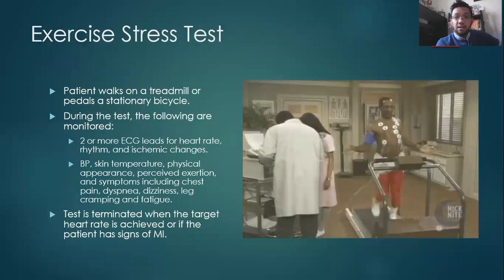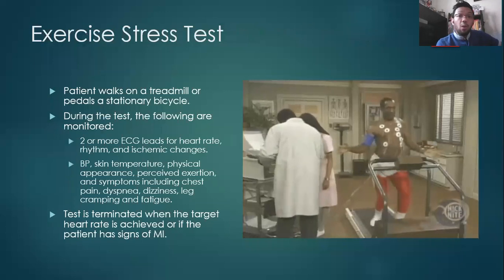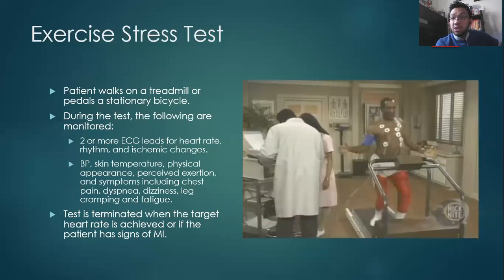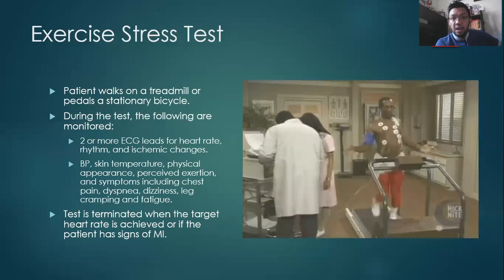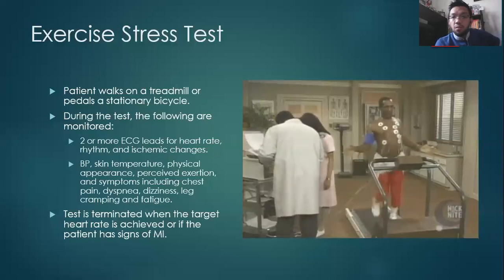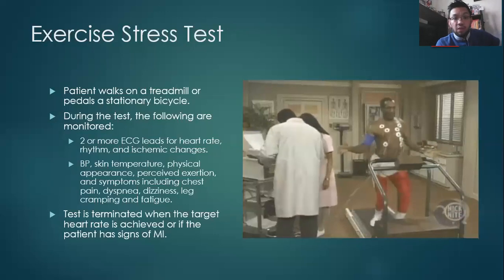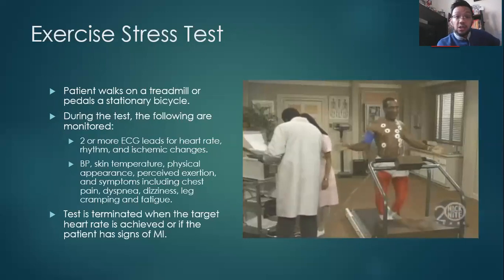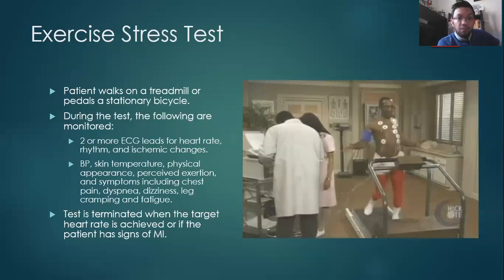So in the exercise stress test, what the patient does here is that the patient walks on a treadmill or pedals on a stationary bicycle. And during the test, the following are monitored. Two or more ECG leads for heart rate, rhythm, and ischemic changes. As you can see in the example here, it's a comedic example, by the way. There are ECG leads placed on the patient.